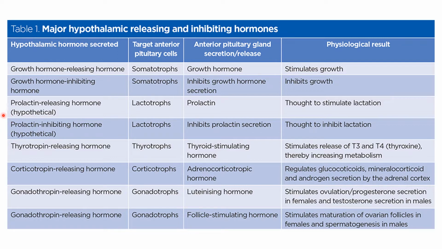But the point is it has inhibiting and releasing hormones for prolactin, and only releasing hormones for thyrotropin, or for thyroid hormones, corticotropin, those that affect hormones released by your adrenal glands, the adrenal cortex to be specific, and your gonadotropins that influence the effects of gonadotrophic hormones such as your LH and your FSH.